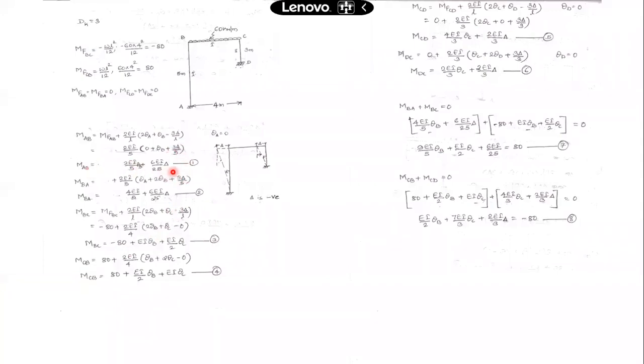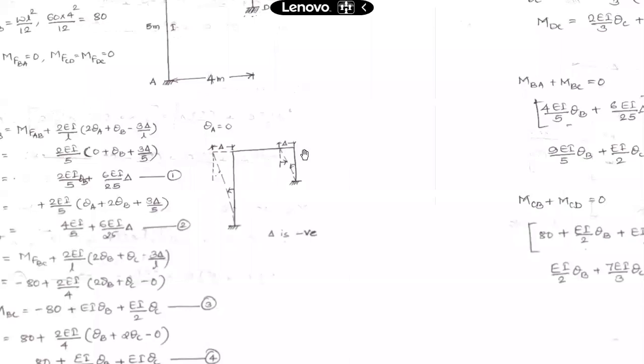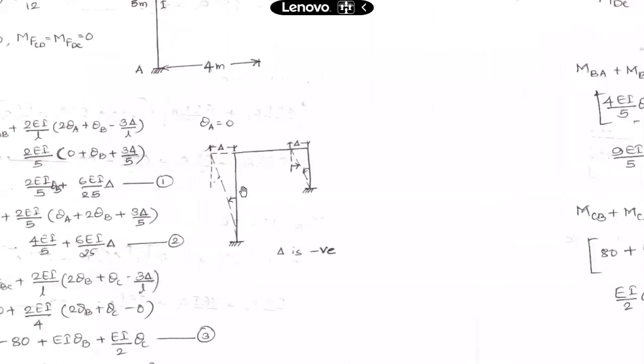In member AB, you'll find delta. In member BA, you'll find delta. Whereas in BC, you'll not come across any delta, this horizontal member BC. Similarly, in CB, you'll not find any value of delta. So sway will come only in these vertical members, in the columns. That is where you'll find that sway.